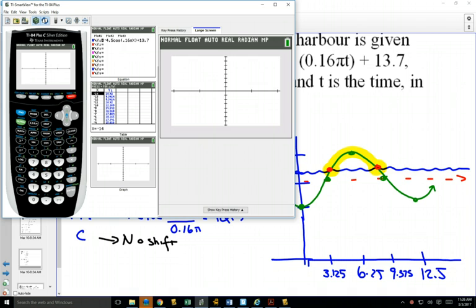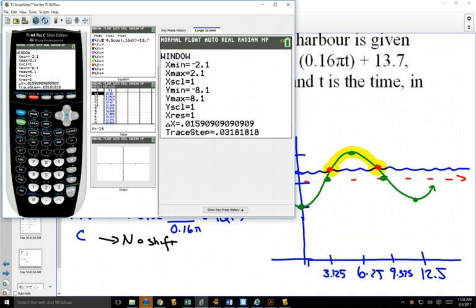So I'm going to go to my window button, and I'm going to think about my original sketch here. In my original sketch, my x values, I'm basically looking from 0 to 12.5. If I wanted to go a little bit further to the left for my x values, maybe I'll go from -3 up to 15.